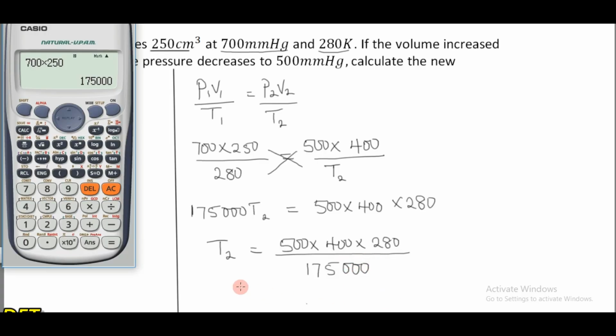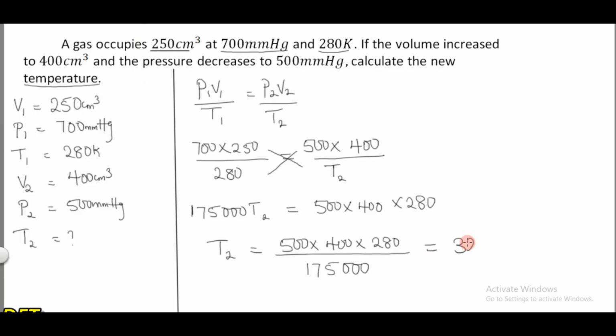If I punch that on my calculator, 500 times 400 times 280 divided by 175,000, that will be equal to 320.